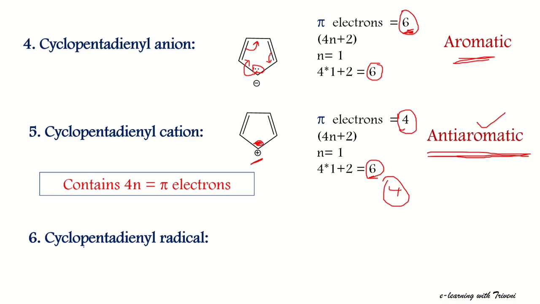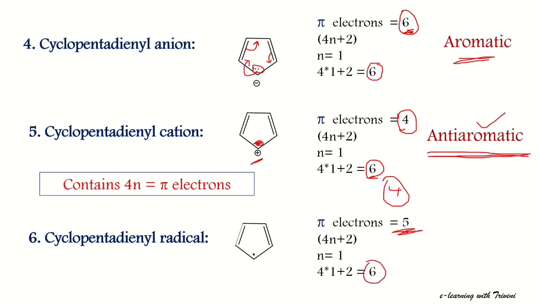Another example, the cyclopentadienyl radical. Radical means only a single electron is present. So here the total number of electrons we have to count is 5, because of 2 pi bonds and 1 radical. 2 pi bonds means 4 pi electrons, plus 1 radical, 4 plus 1 is equal to 5. When you apply this rule, the final value is 6 and the number of pi electrons is 5.